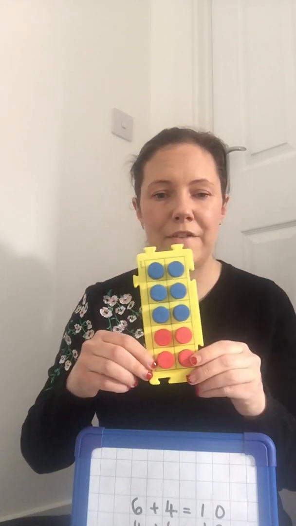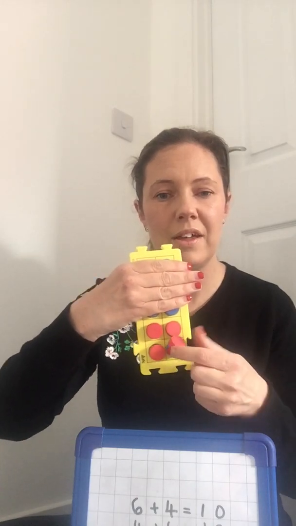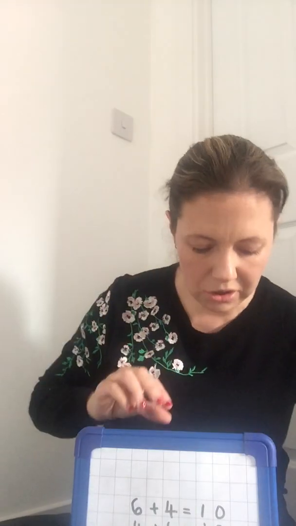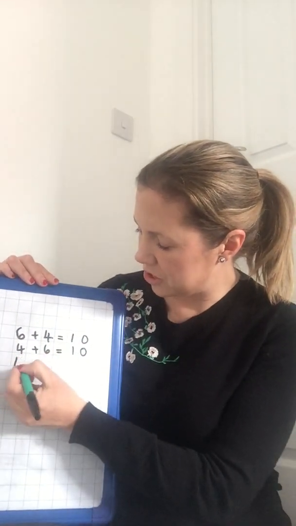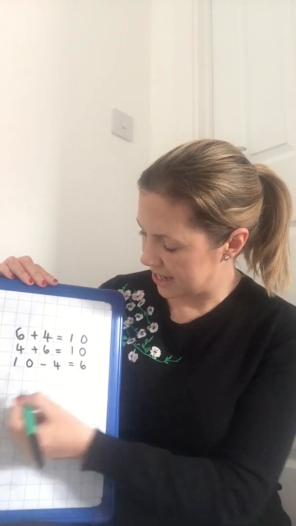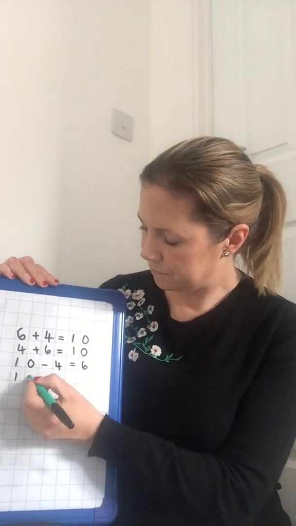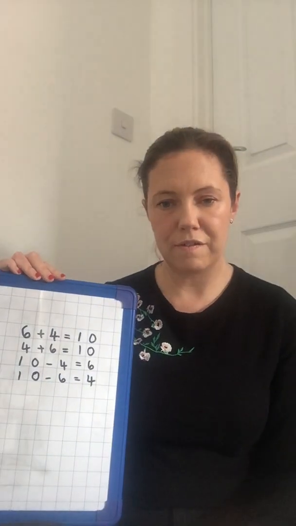And I know that if I take away the 6 part from the 10, it will leave me with the 4 part. So because I know that 6 and 4 equals 10, I also know that 10 take away 4 will leave me with 6. And that 10 take away 6 will leave me with 4.